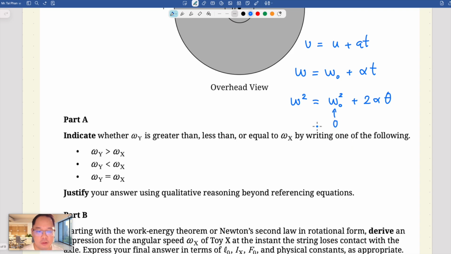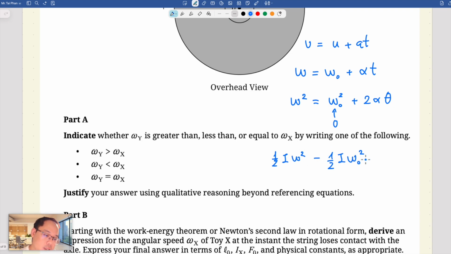Okay, this equation, which is independent of time, is actually derived from the energy relationship: 1/2 I, moment of inertia, rotational inertia, multiplied by omega squared, which is the final rotational kinetic energy, minus 1/2 I omega 0 squared. This is the change in rotational kinetic energy in case there is no linear translational kinetic energy, only rotational kinetic energy.